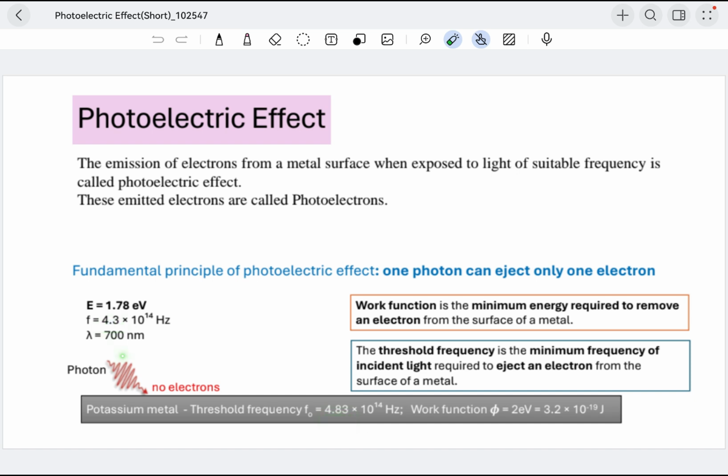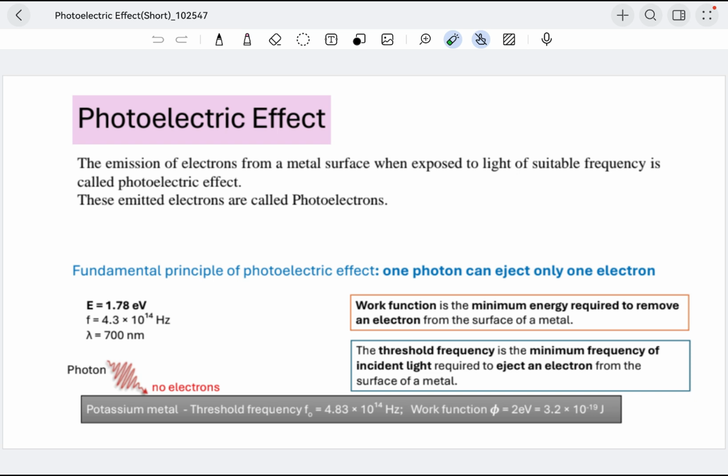So the frequency of this photon is less than the threshold frequency required, F0. Sometimes it is also called the cutoff frequency FC. We can also discuss the same concept in terms of the wavelength lambda, the cutoff wavelength. I hope you got it.